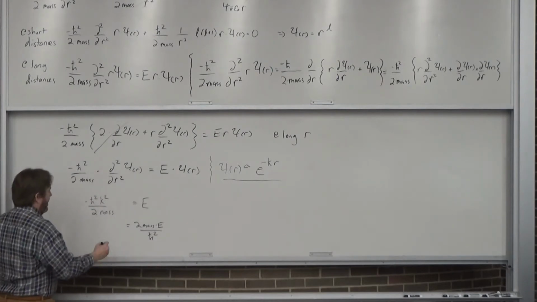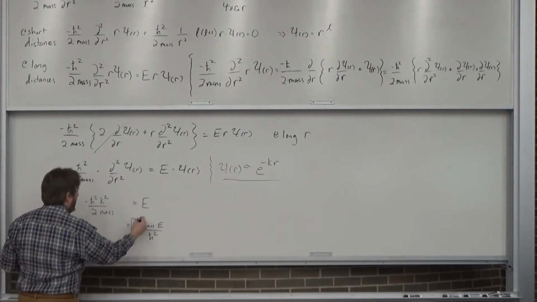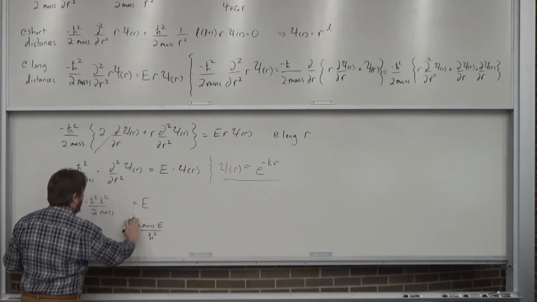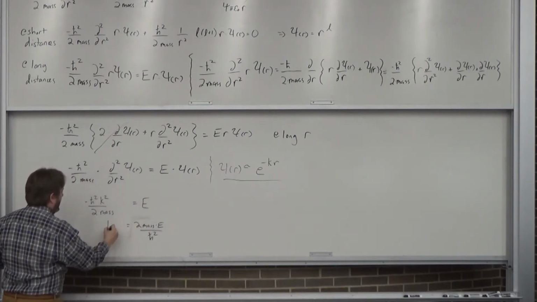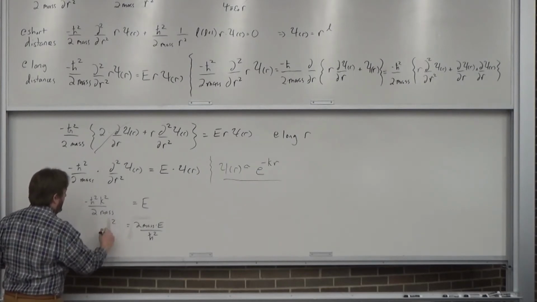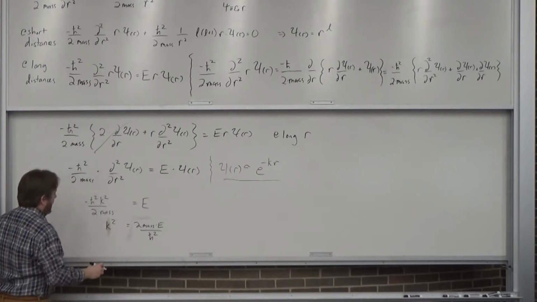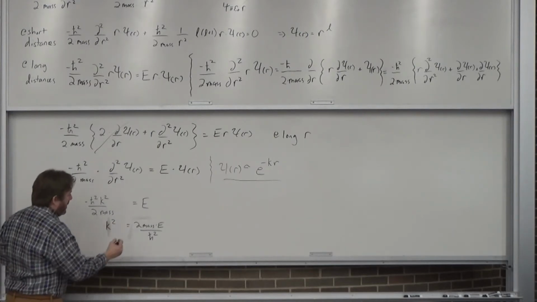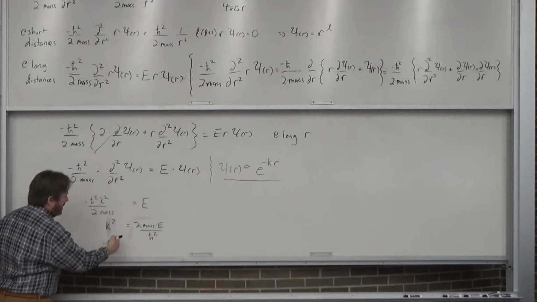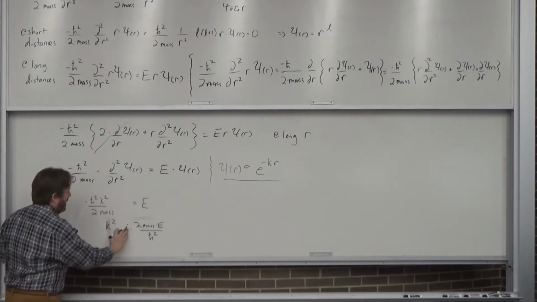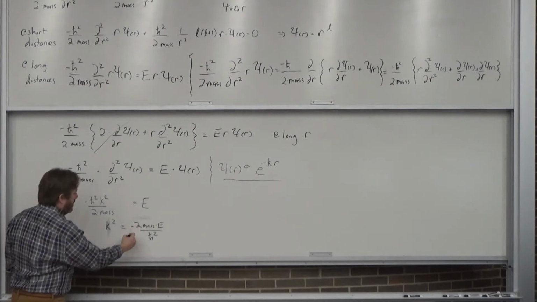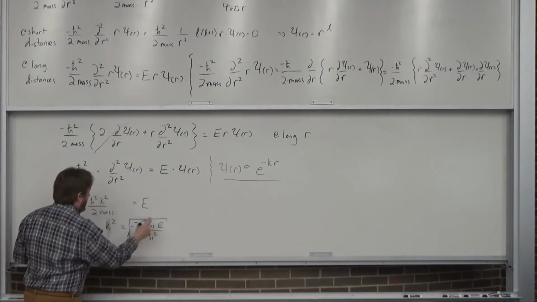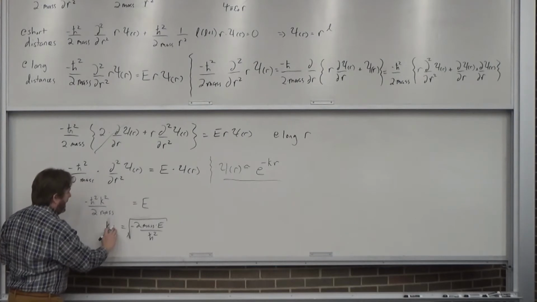I have k squared. I've just done some algebra, sorry, I had to think about it for a bit, but you may notice that I messed up a minus sign, so I'm going to bring the minus sign over here and then take the square root. So now I've got k is equal to this.